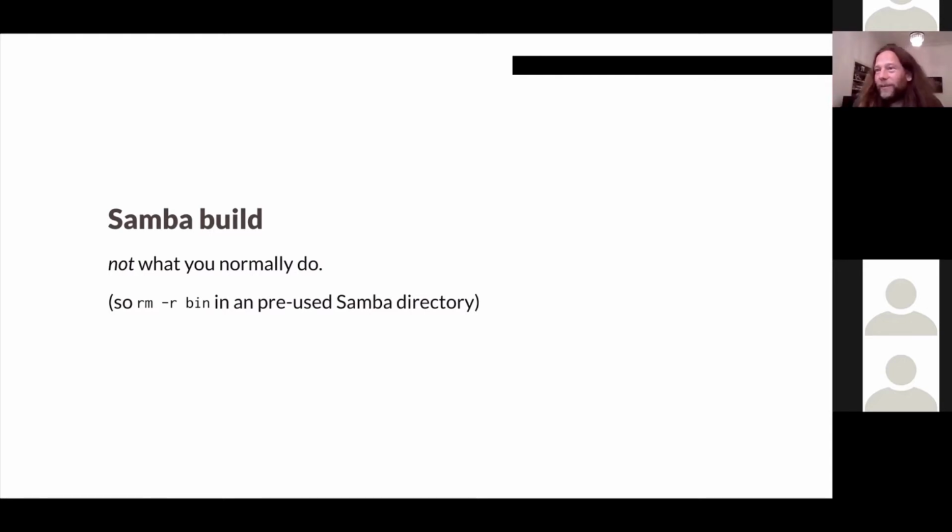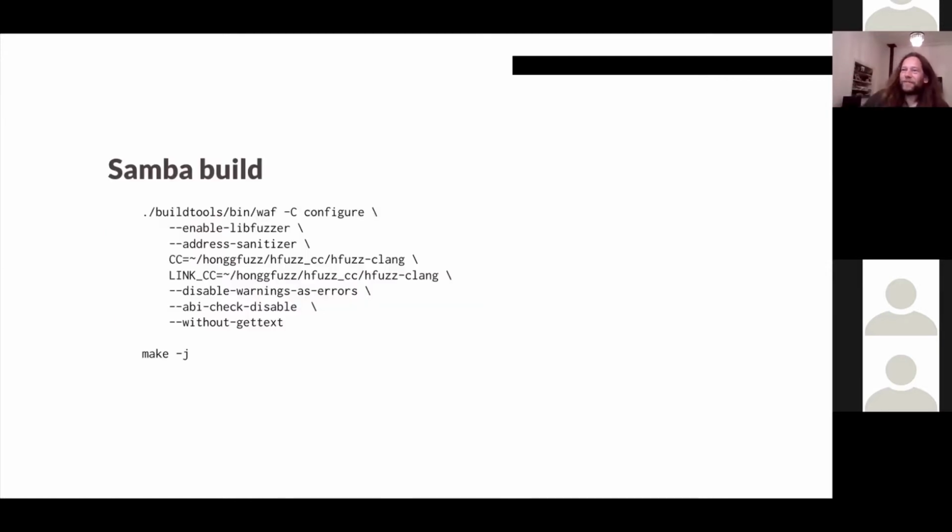So if you're starting with a fresh one, then that's good. Now, you need a special configure line, which you can see there. I should have actually posted this on the wiki or something like that.